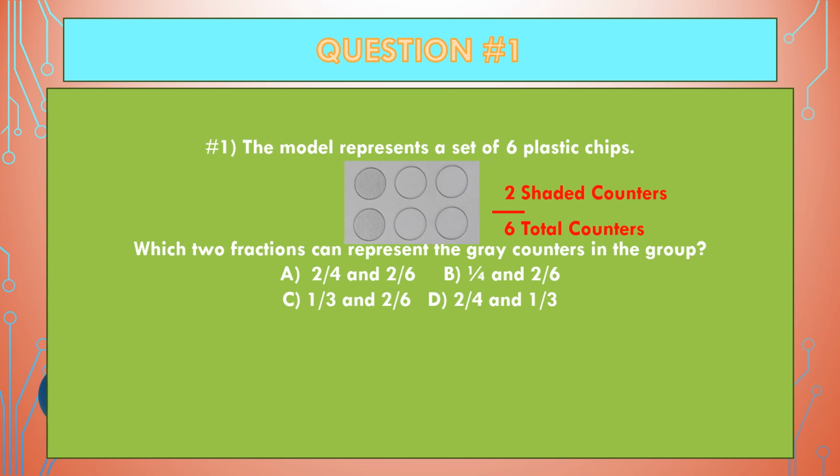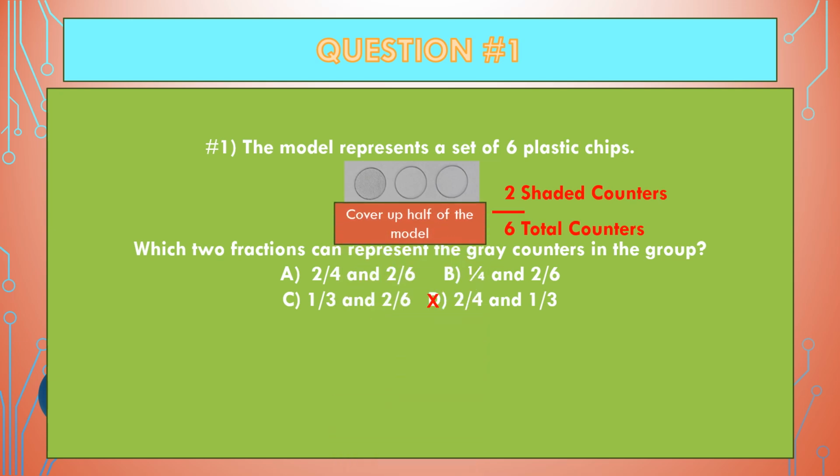But first, we can get rid of one of our answer choices. We can go ahead and get rid of D, because 2/6 is not one of the fractions that's represented by answer choice D. So now we're down to 3 answer choices. Okay, I like models like this because if you cover up half of the model, then you're able to figure out the equivalent fraction or the other fraction that can be represented by the model.